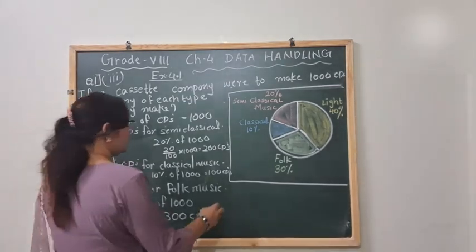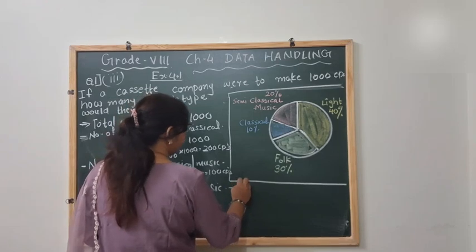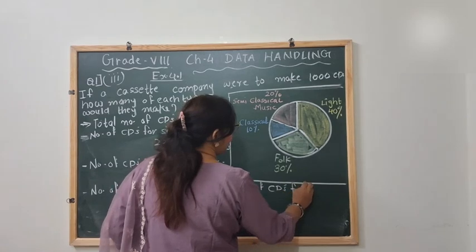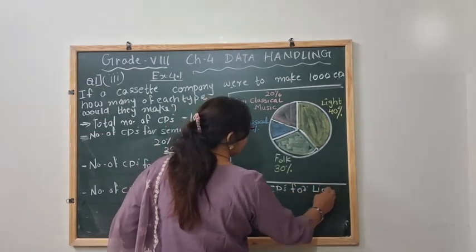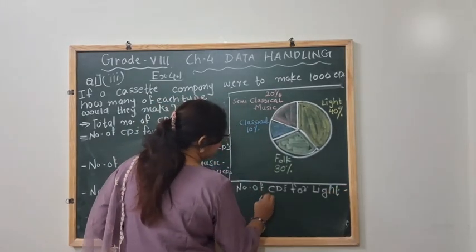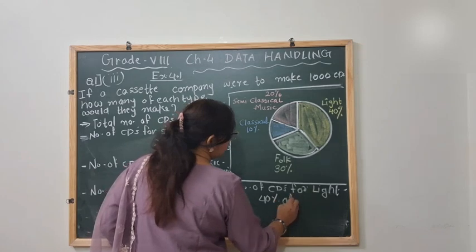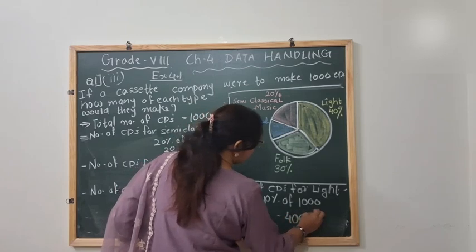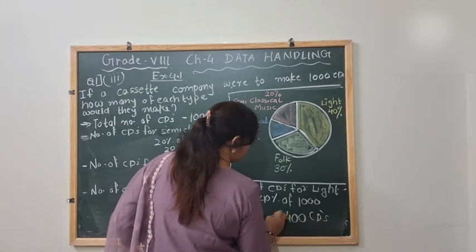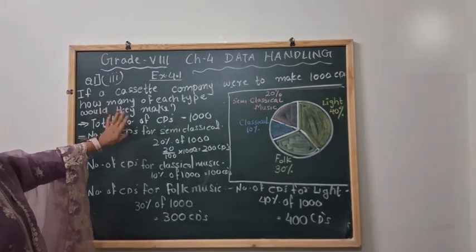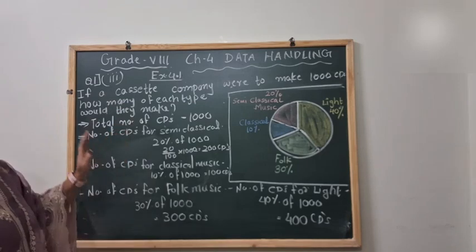Number of CDs for light music would be 40% of 1000. 40% of 1000 will give you 400 CDs. Okay, students, so this is question number 1, part 3. So here we have finished question number 1, parts 1, 2, 3.